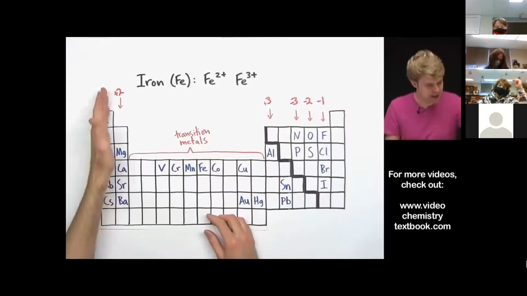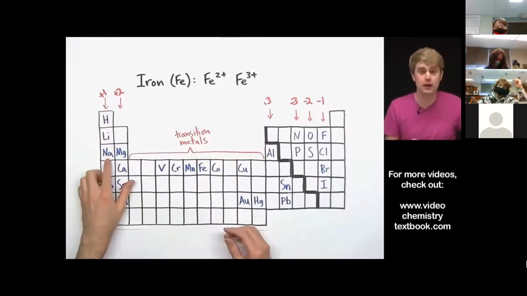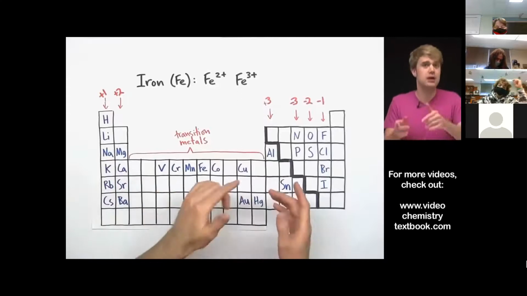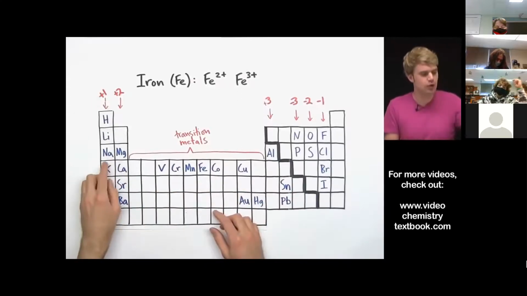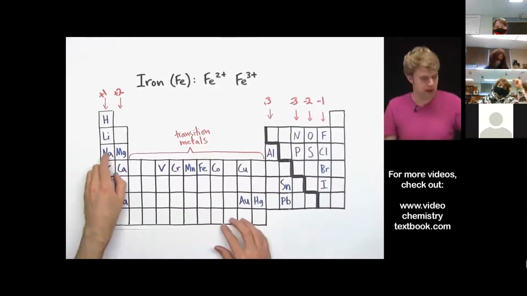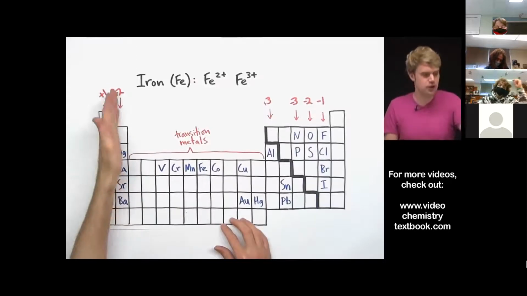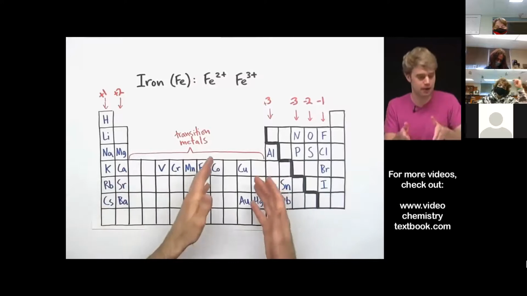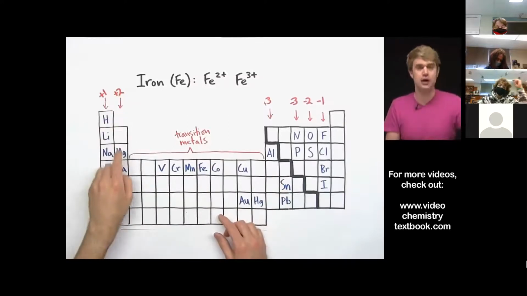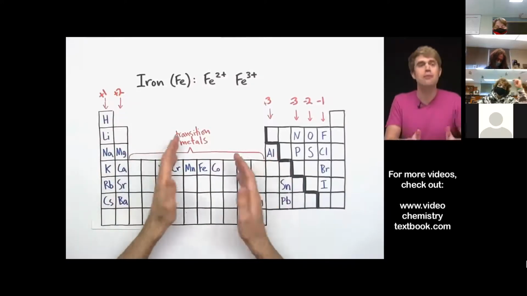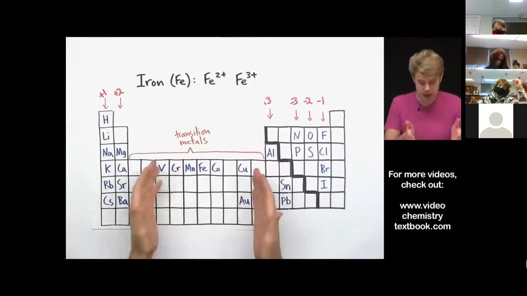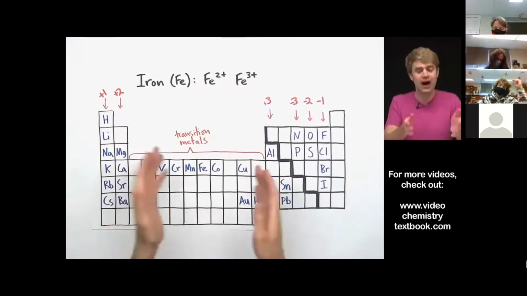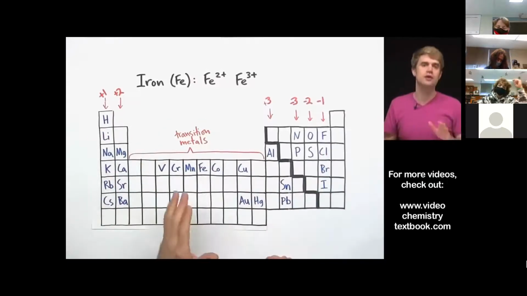Sodium, for example, is in this +1 column here. And so when sodium is in an ionic compound, it always makes an ion with a 1+ charge. Magnesium here is in this 2+ column, so when it is in an ionic compound, it makes a 2+ ion. But the transition metals can make a wide variety of different ions with different charges. Some of them can even make 4 or 5 different ions, each with a different charge.